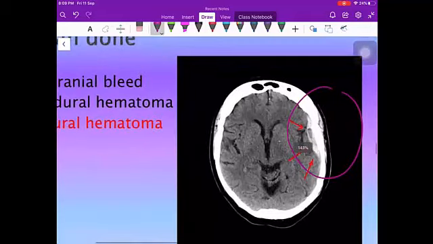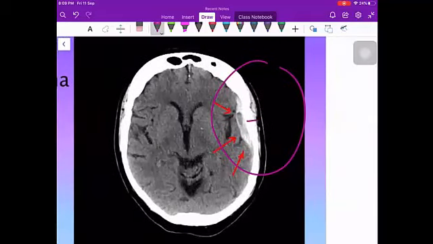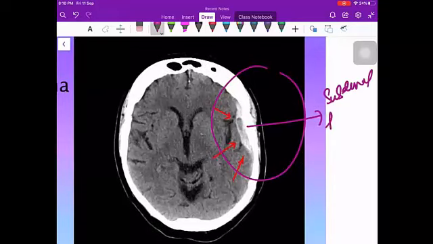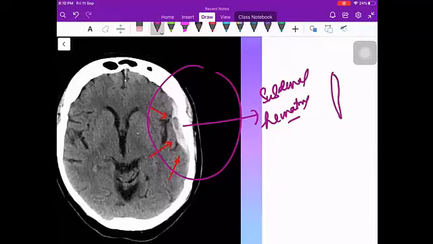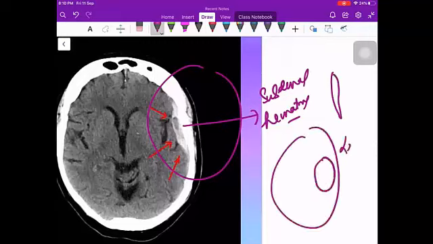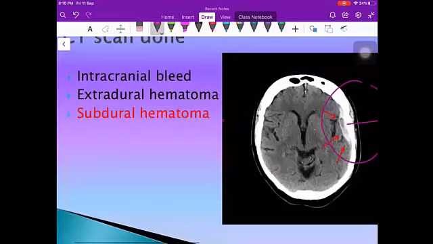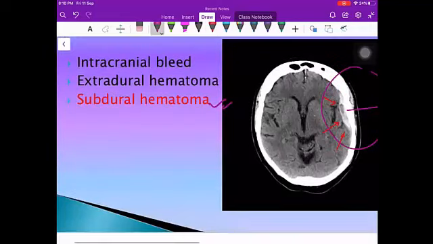When I released the slide of the image basis, this was clearly written, and this is clearly a subdural hematoma, which gives a banana shape. When it is a lemon sign, lemon type, then that is extradural hemorrhage or extradural hematoma. So in this case, it is subdural hematoma.